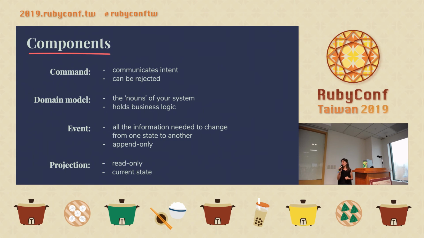And our projections are the read-only side of our system that can provide the client with the current state of the application. You can imagine the event store is not really suitable for presenting current state. If we have a ton of events, it would be pretty expensive to have to replay them all when any request comes in. So we create our projections that are customized for our clients to query.